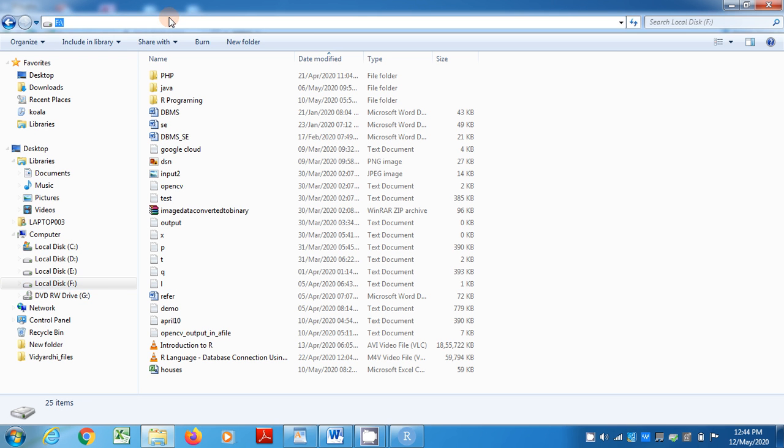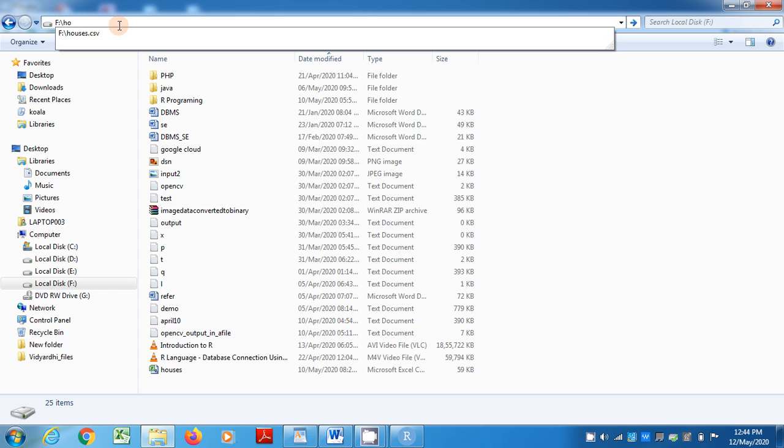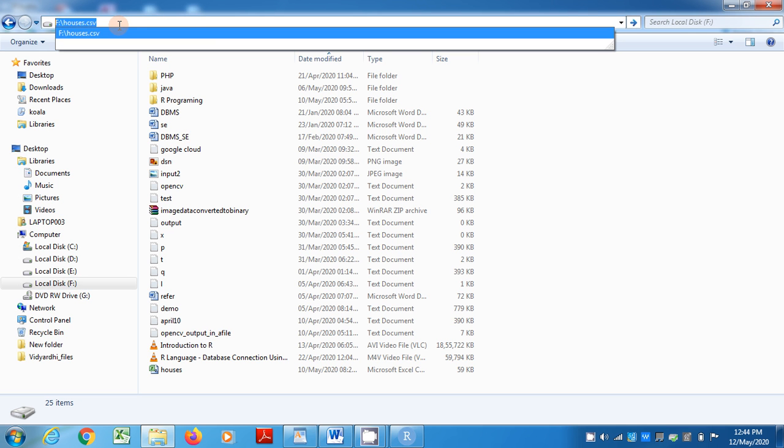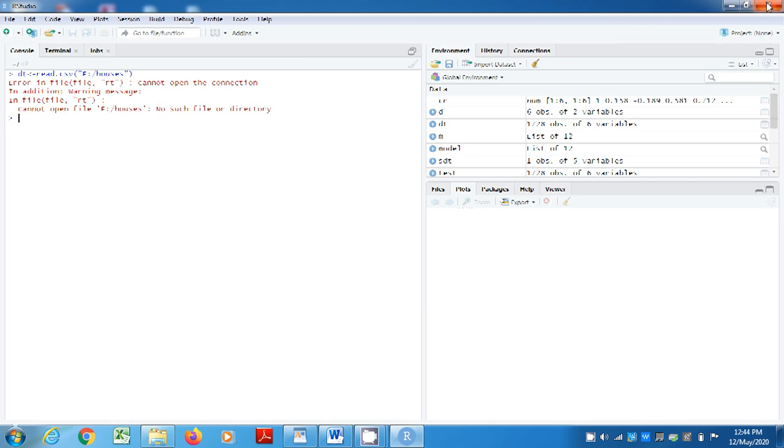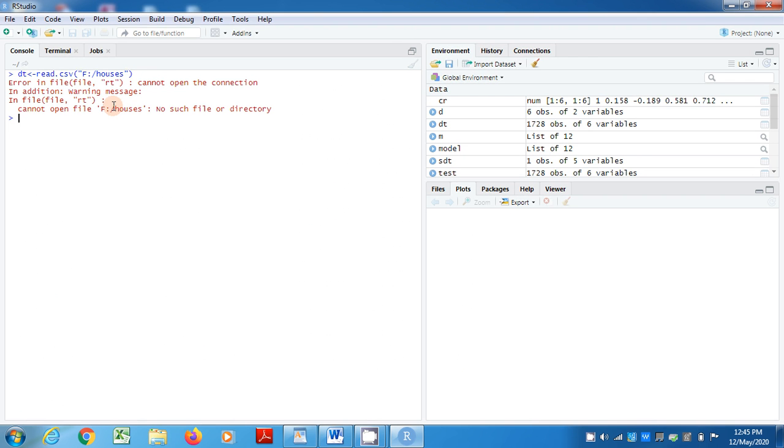F drive. Oh, I should give the dot extension. This is the escape character. To nullify that, give one more escape character, enter. So the data frame is ready.